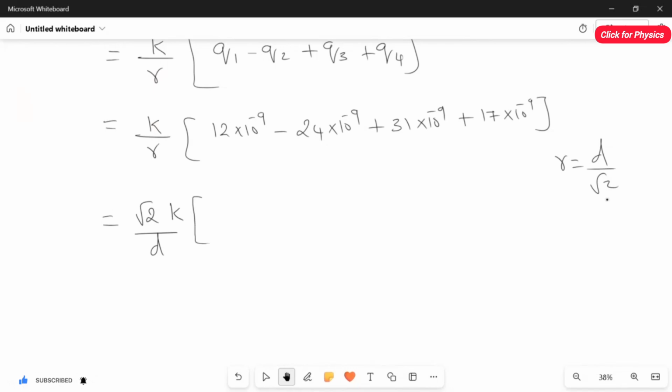So what is remaining? 12 minus 24 plus 31 plus 17. Here for charges we got 36 nanocoulomb, so 36 times 10 to the power of minus 9. And let's substitute the value of d as well as K. So root 2 multiplied by 8.99 times 10 to the power of 9 over d.